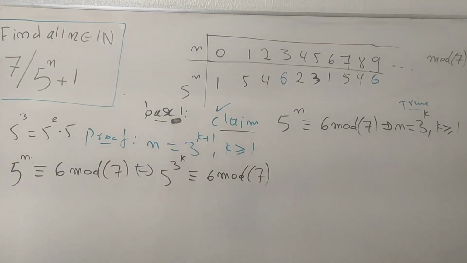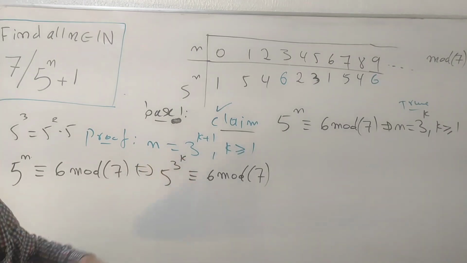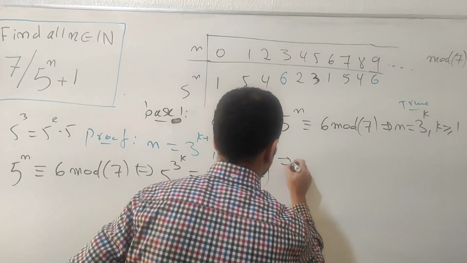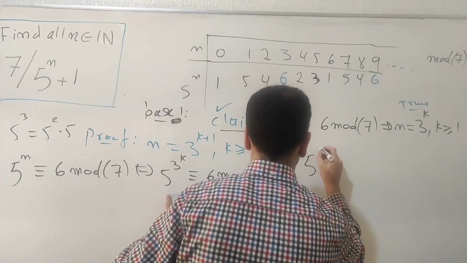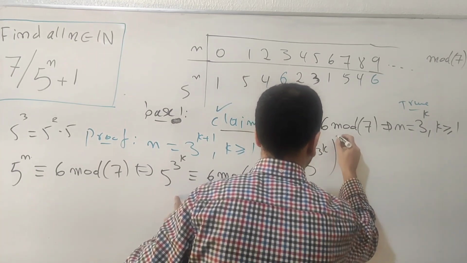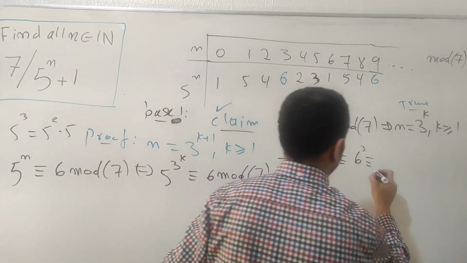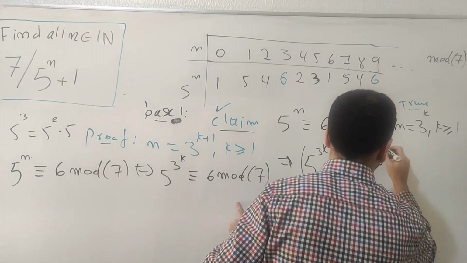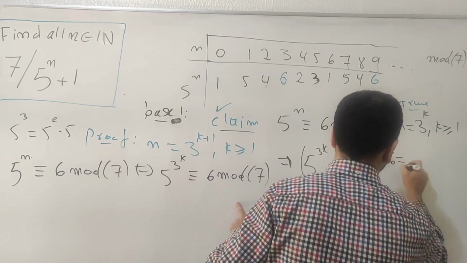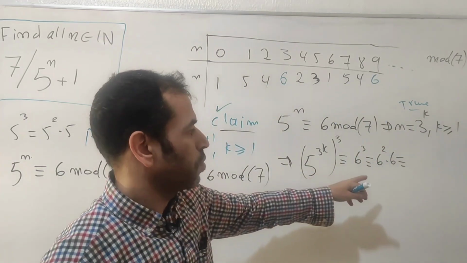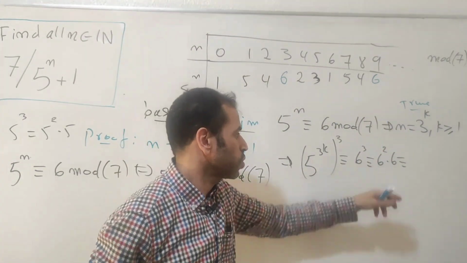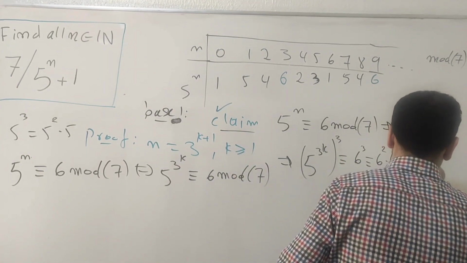So what to do here, I'm simply going to raise both sides to the power of 3. So I get 5 to the 3 to the k, all raised to the 3, is congruent to 6 to the 3. We know 6 to the 3 is 6 squared multiplied by 6. We know 6 squared has a remainder of 1, multiplied by 6, which is 6 mod 7.